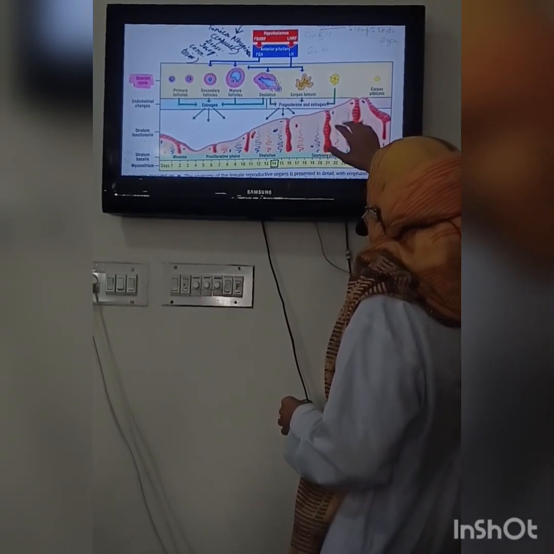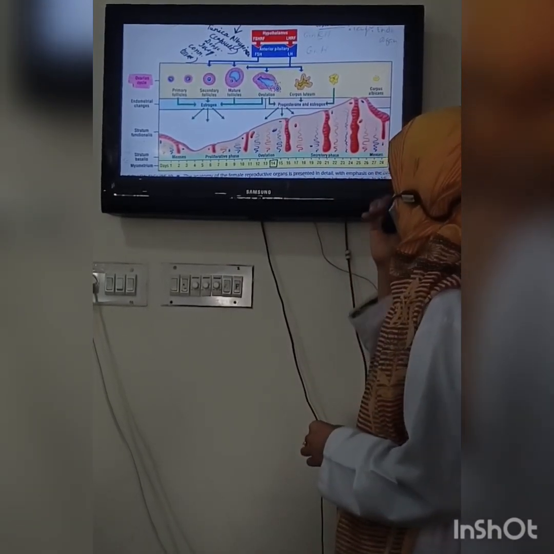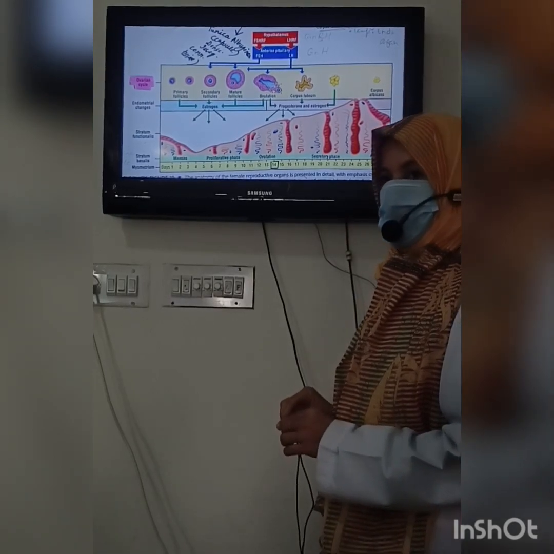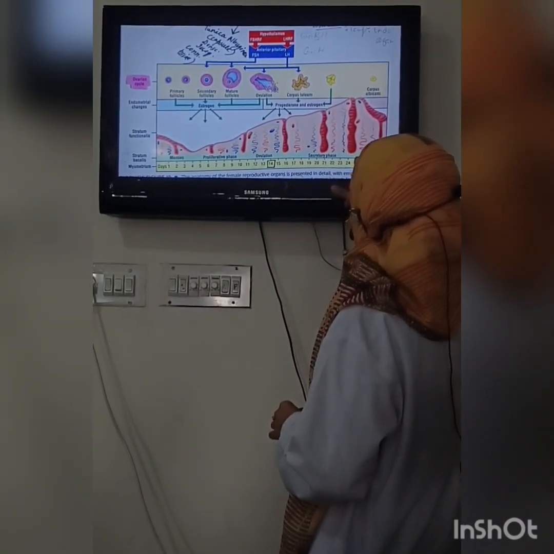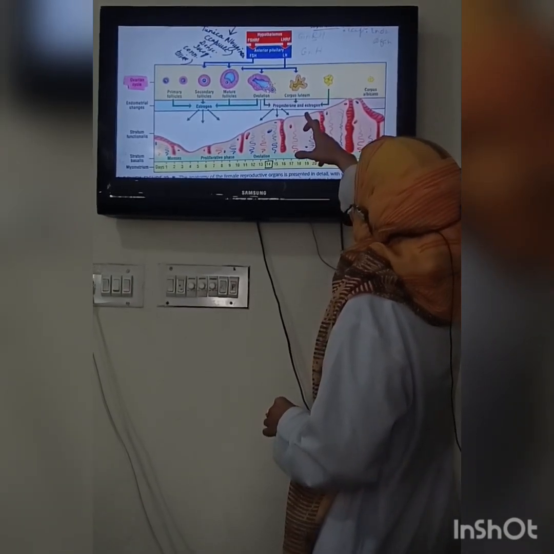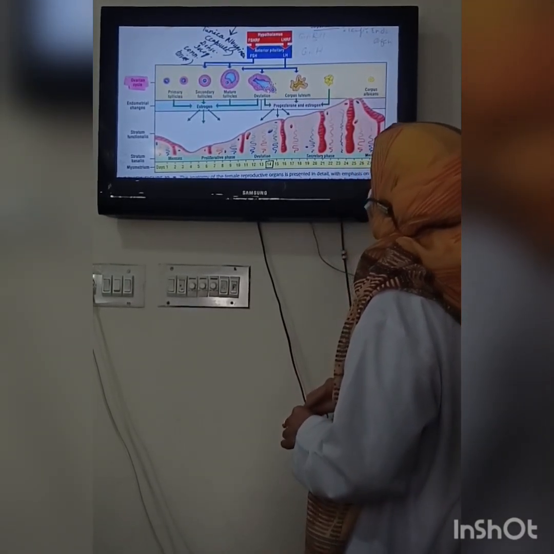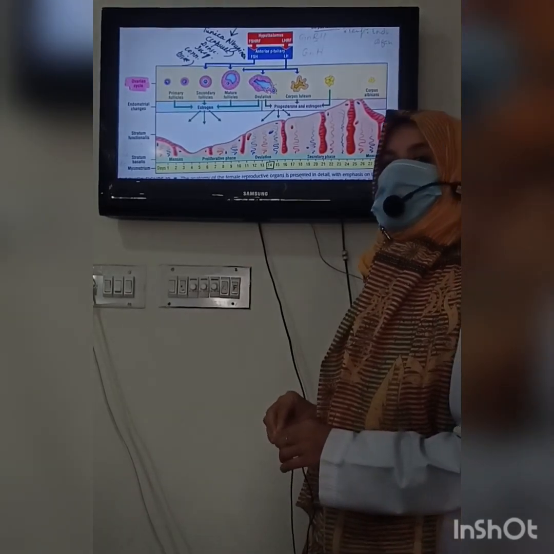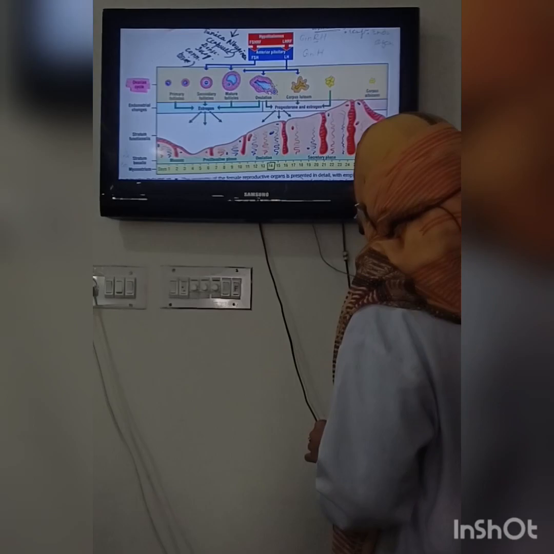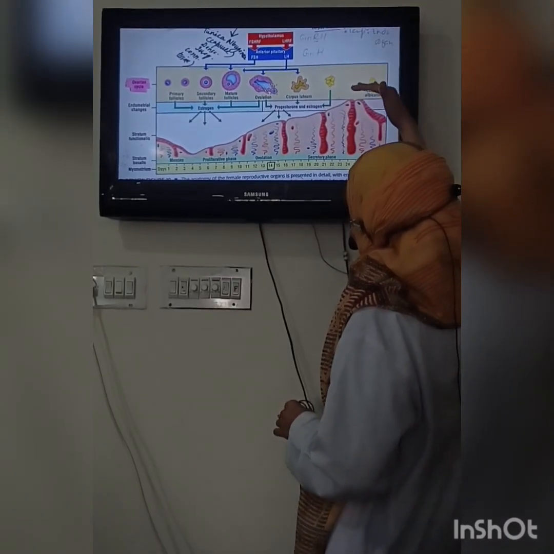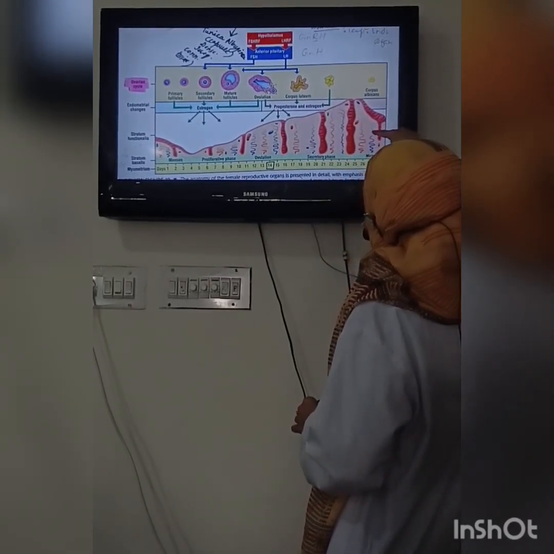But if there is no fertilization of the ovum that was released, after almost 10 to 12 days the corpus luteum will not function or secrete the progesterone, right? Now what happens is that the level of progesterone in the blood decreases.